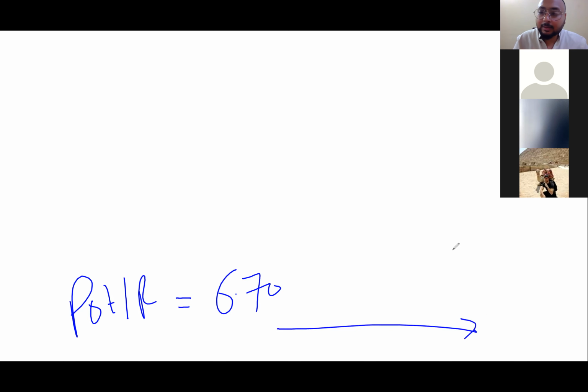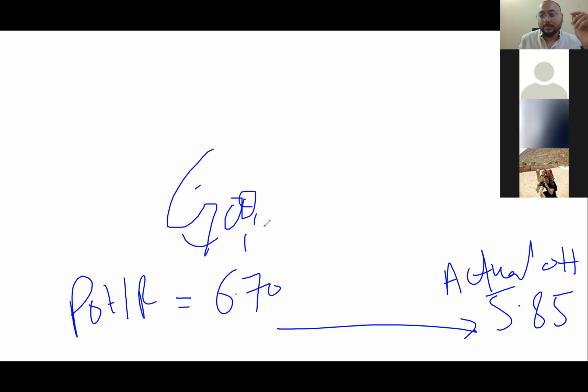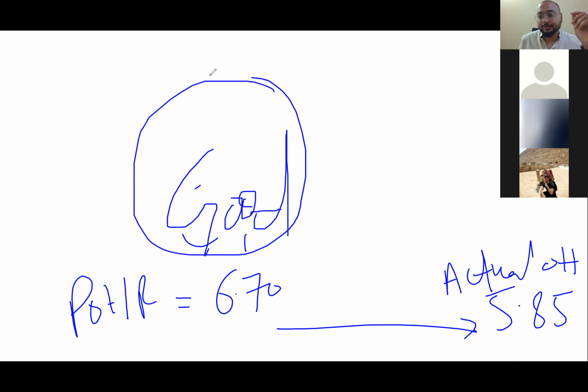At the end of the year, you find out the actual overhead is 5.85. Is it good or bad? Coco: It's good because you saved money compared to what you forecasted. You said good, right?